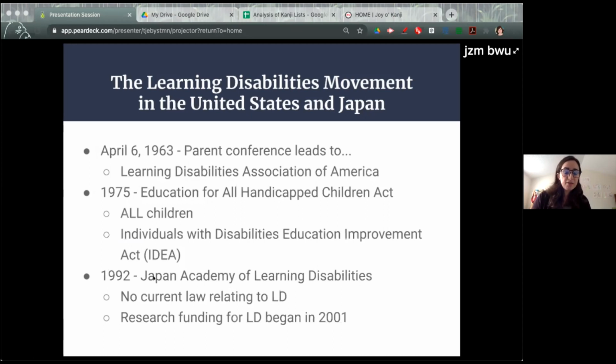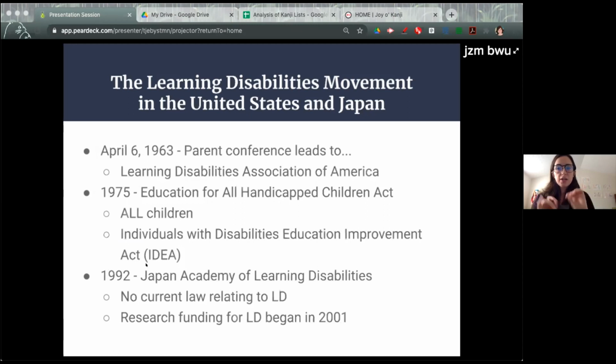In 1975, the Education for All Handicapped Children Act was enacted, and the more recent version of this is something you've probably heard of, IDEA, the Individuals with Disabilities Education Improvement Act. This law guaranteed free and appropriate education for all children.